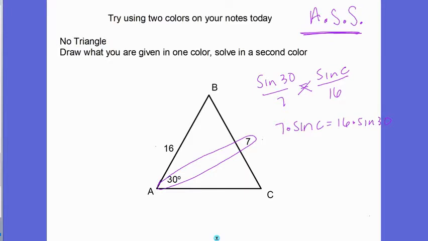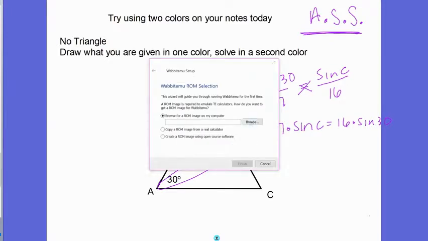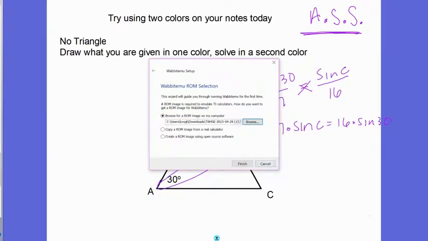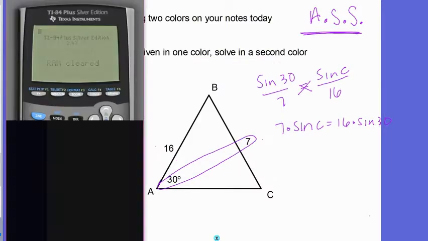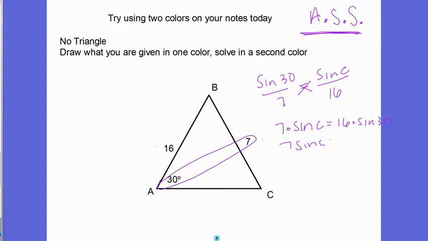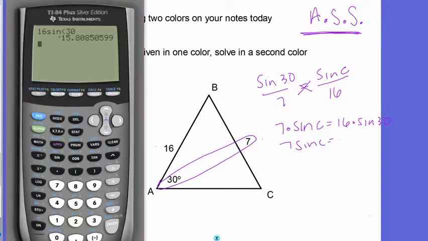Let me get my calculator up here. Make sure I am in degree mode. You would go 16 times sine of 30. So 7 sine C equals 16 sine 30, which is this.